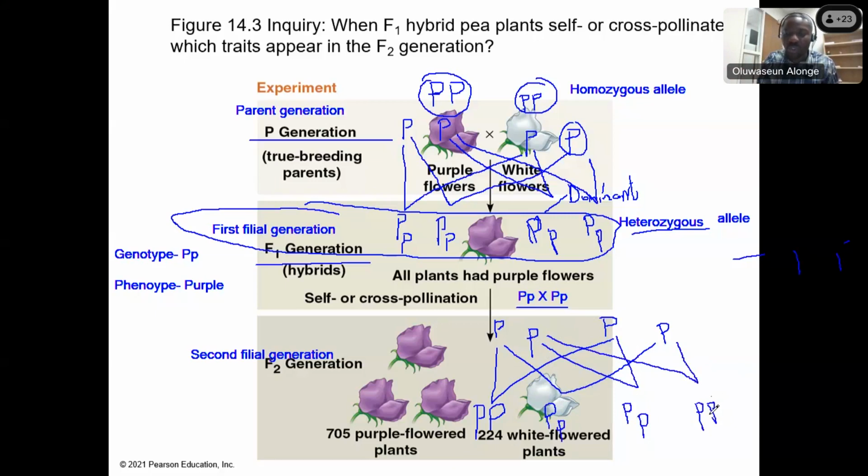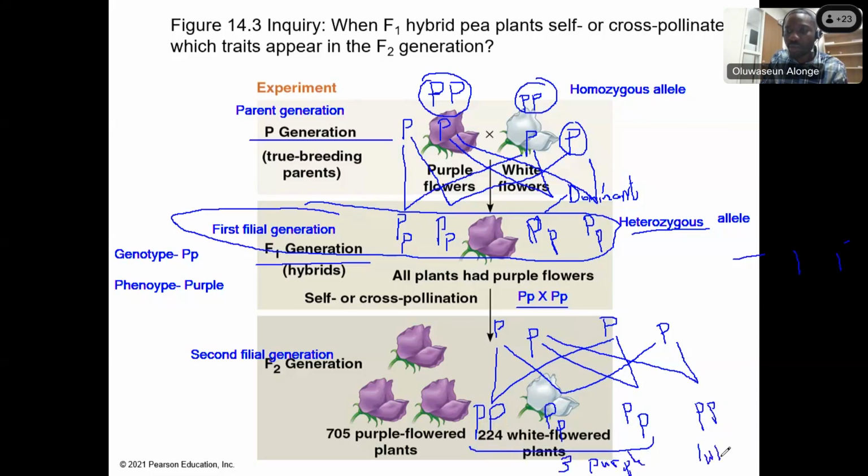Now, what do you notice here? You notice that this one is, of course, homozygous purple. This is going to be heterozygous purple. This is going to be heterozygous purple, and this is homozygous white. Now, how many purple are there? Out of the 4 offspring, you have 3 purple, and just 1 white.